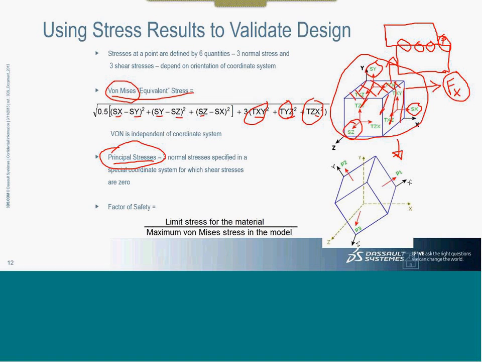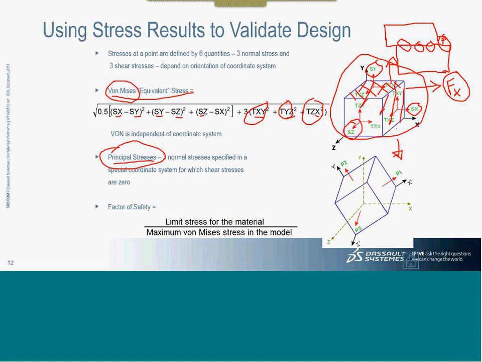I'm sorry, I messed up over there. So the normal stress is specified in a specific coordinate system for which shear stresses are zero. So I'm right. What I said was right. So shear stresses become zero when we rotate this cube in a certain direction such that the load is absolutely perpendicular to the surface on which it is applied.